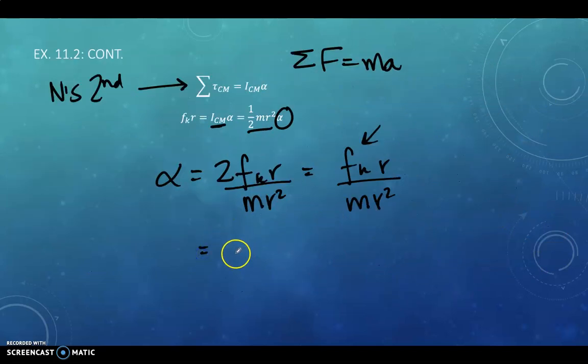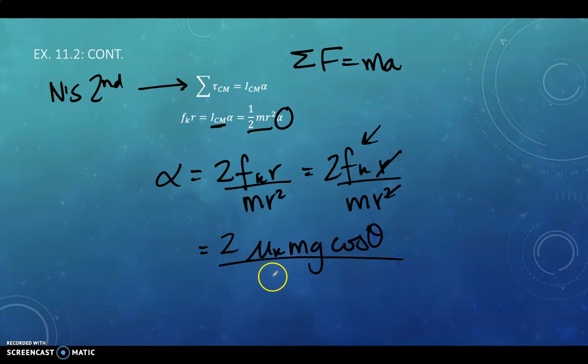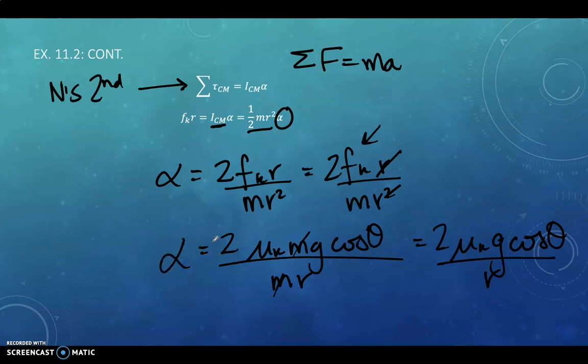So we have 2 mu sub k mg cosine theta over mr. Our mass cancels and we get 2 mu sub k g cosine theta over r. And so that is our angular acceleration for this problem.